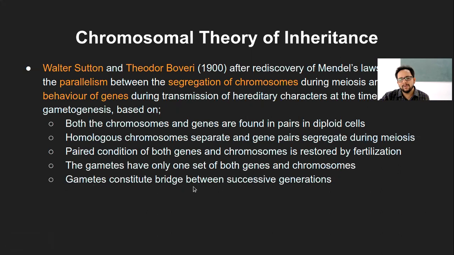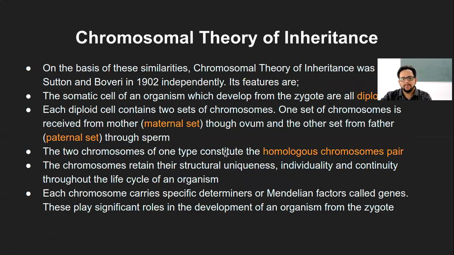Whenever there is gamete formation, they are passing down the genes, so that's why they are called a bridge between successive generations. These were the few facts that these people took into consideration before they put forward the chromosomal theory of inheritance. And this was proposed in 1902, and it was actually done independently.